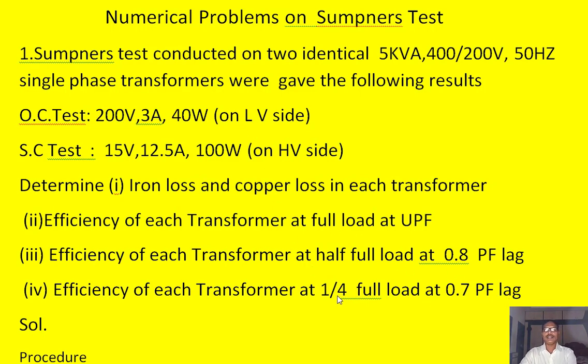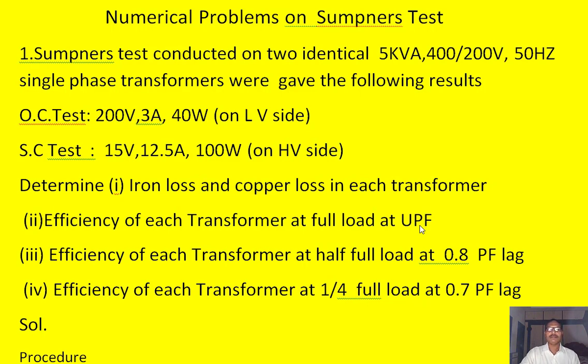If you look at this data, he asked the efficiency of the transformer at 3 different loads at 3 different power factors. To solve this problem, first of all we should know the real power equation, that is P equals V into I into cos phi.